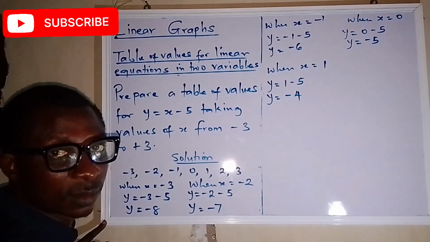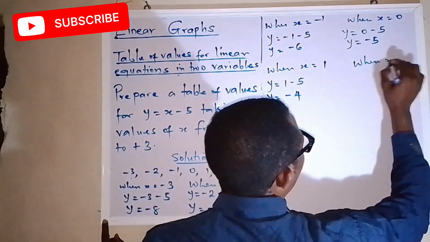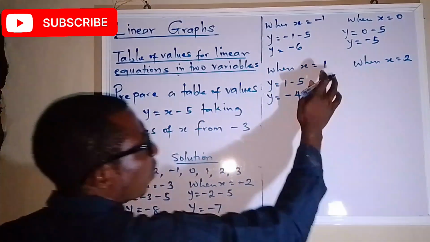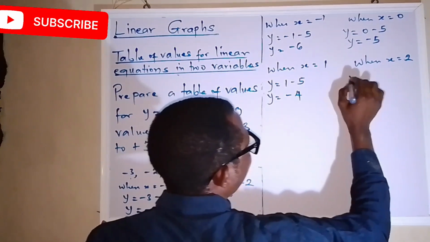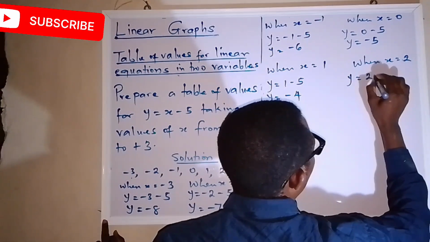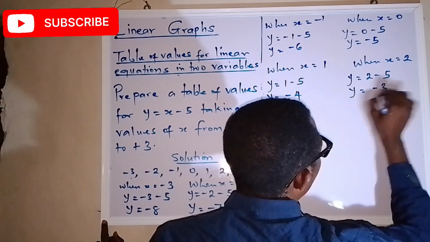Can you see that? Now the next one, when x is 2. After 1 we have 2. So we now write y equals 2 minus 5. So y equals minus 3.